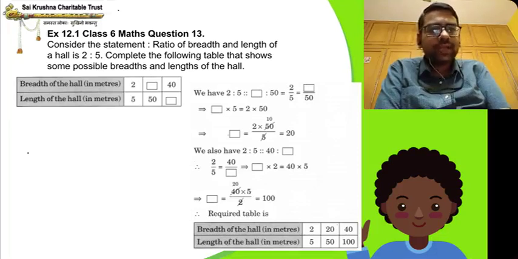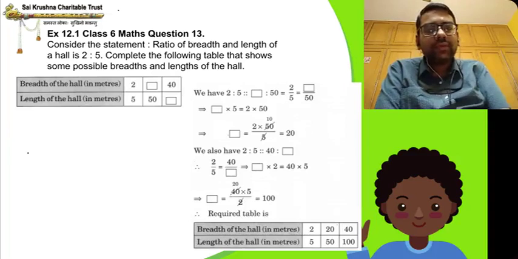Now, 2 is to 5 is equal to 40 is to empty box. So 2 by 5 is equal to 40 by empty box. This is the ratio: 2 is to 5 can be written in fraction as 2 by 5, and 40 is to empty box can be written as 40 by empty box. So again do cross multiplication.